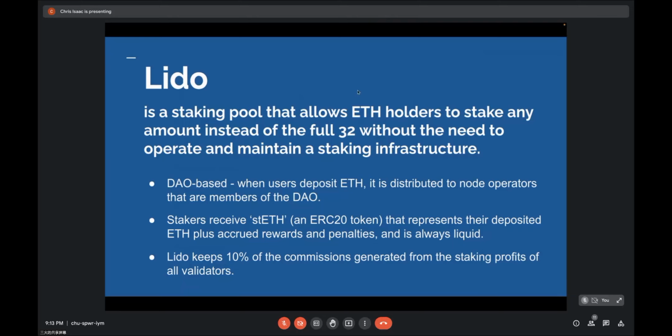So it gets rid of the 32 ETH minimum requirement that you would normally need to run a validator. They're taking these pools of ETH that people are staking and crowdsourcing validators with it.